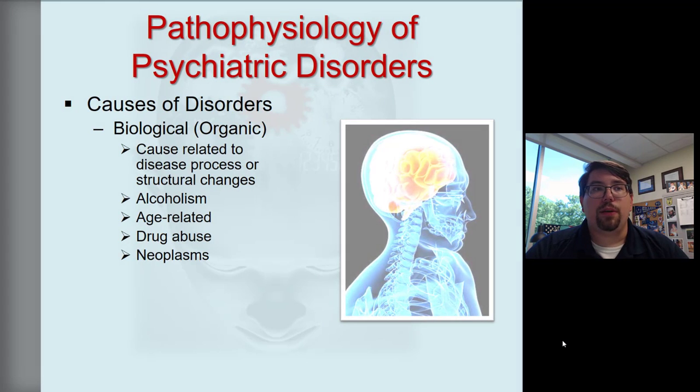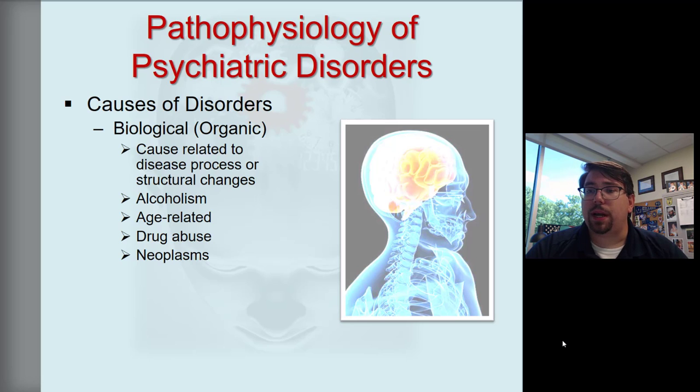Now, there's a number of causes that we can see from behavioral emergencies. The first is organic, or what we would refer to as biological. For many years, medical practitioners have used the term biological and organic interchangeably when they're discussing the types of psychiatric disorders whose causes are physical rather than purely psychological.